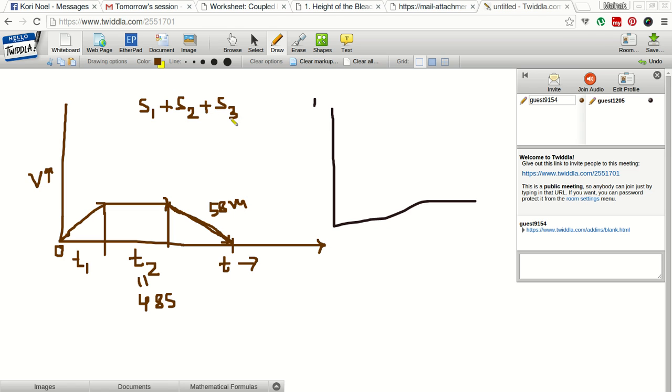Is that correct? Yes. Because I've segmented the problem into three different segments, three different zones.